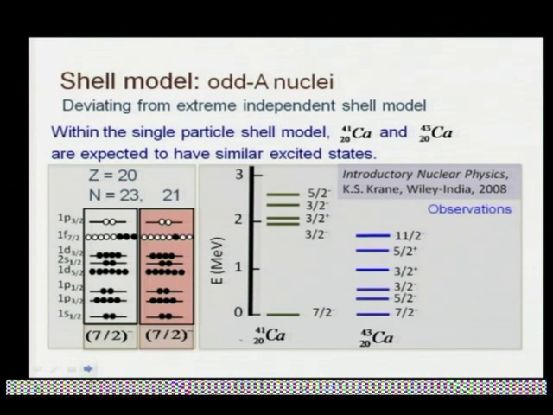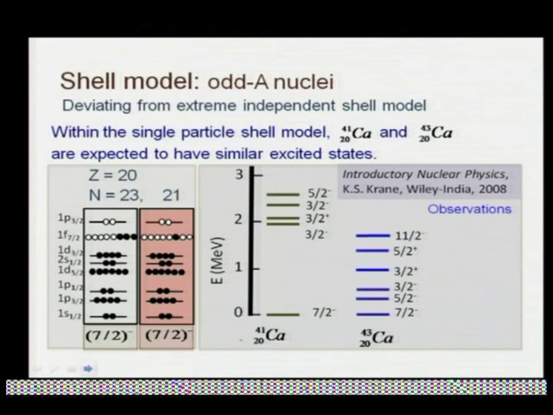But contrary to this expectation, we see a very low lying state, less than half of the excitation energy corresponding to calcium 41. Calcium 43 has a very low lying 3/2 minus, but that is not the first excited state either.